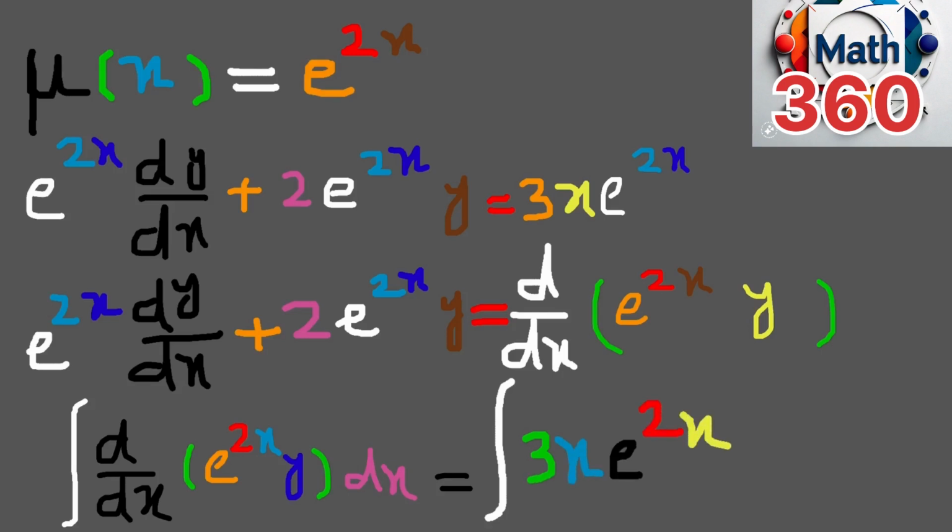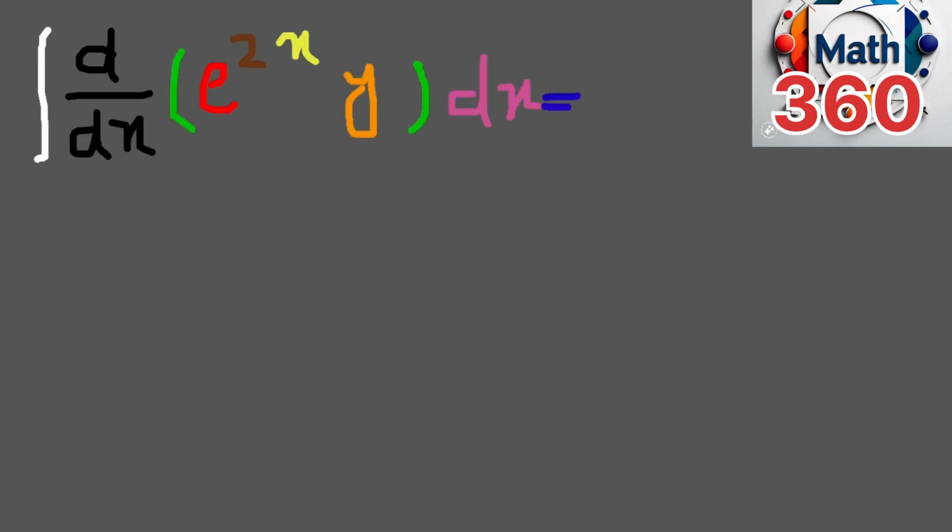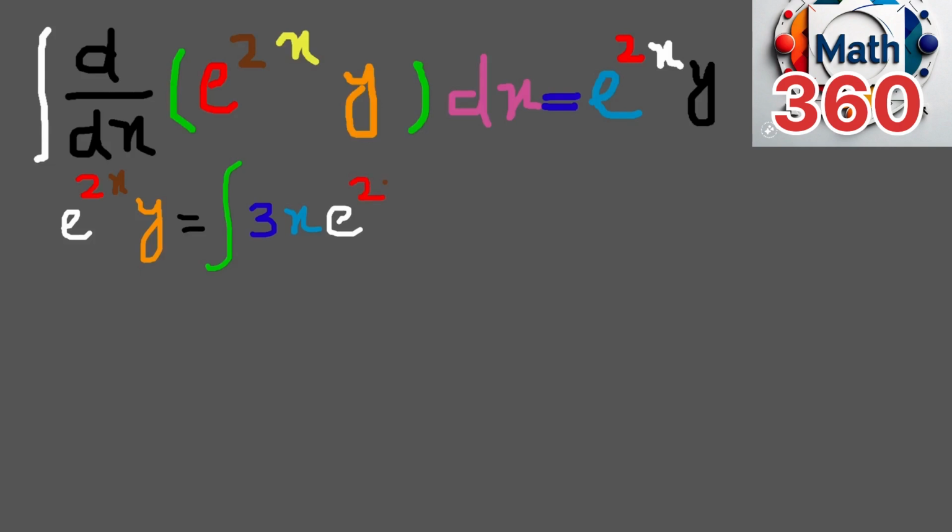On the left side, the integral of the derivative simplifies directly to e raised to the power 2x times y, because integration and differentiation are inverse of each other. So the equation becomes e raised to the power 2x times y equals the integral of 3 times x times e raised to the power 2x with respect to x.